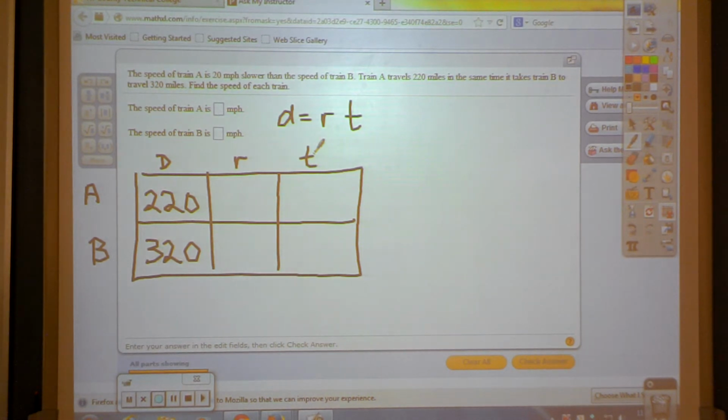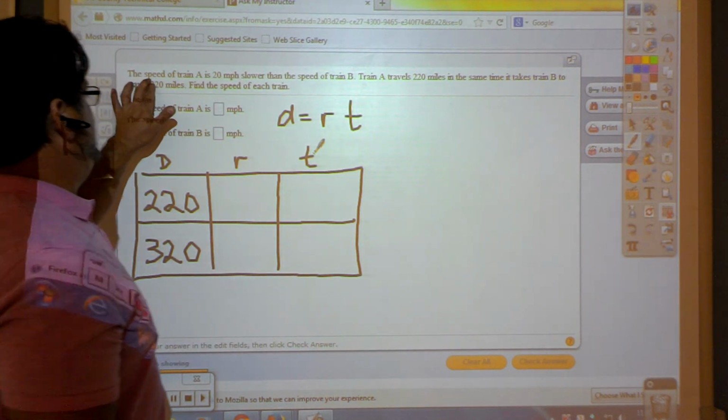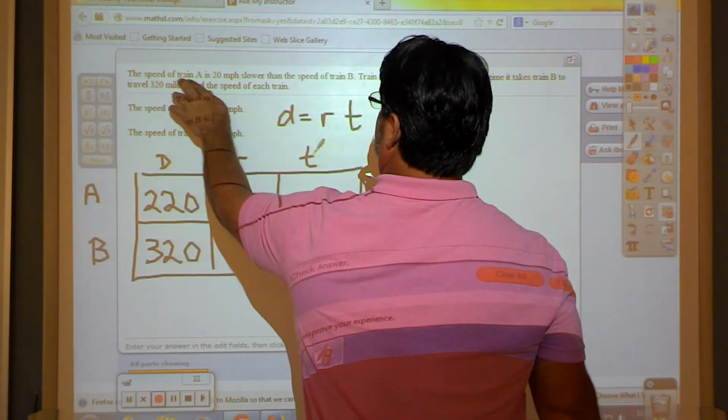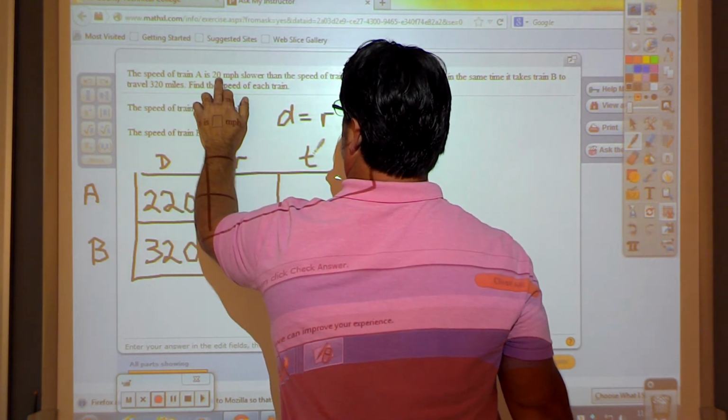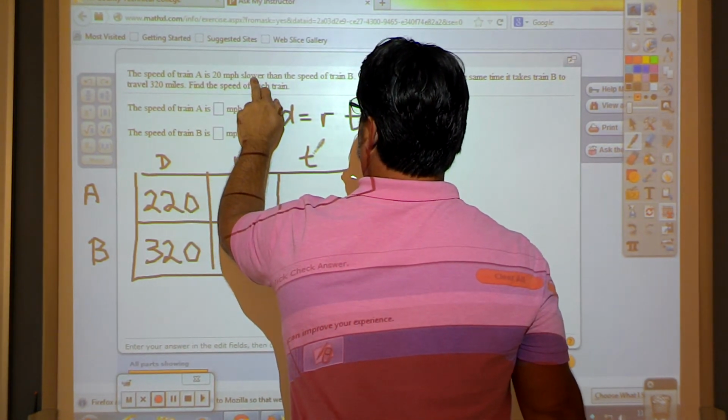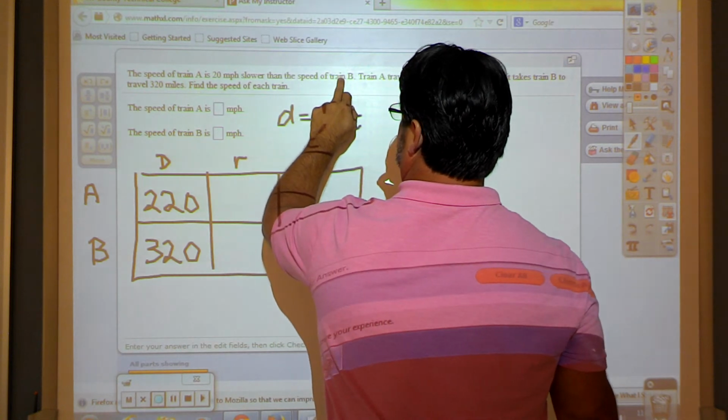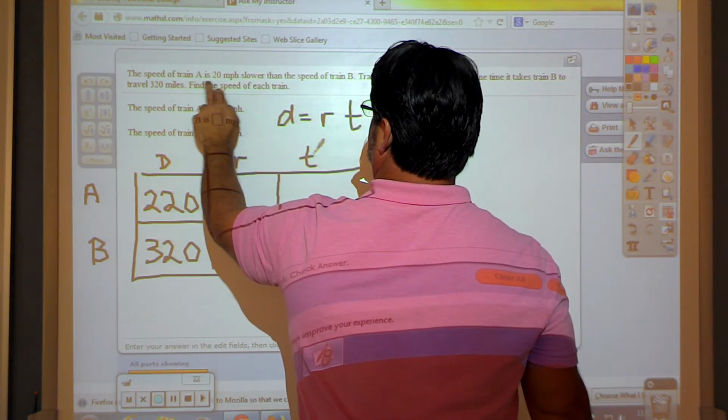All right, now, the speed of train A is 20 miles per hour slower than the speed of train B. So how do we write that?